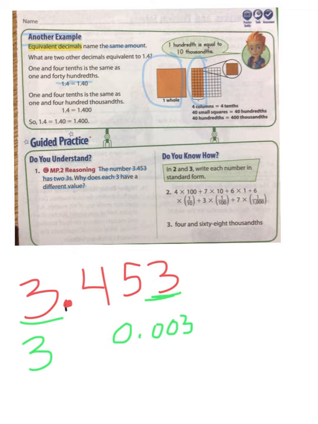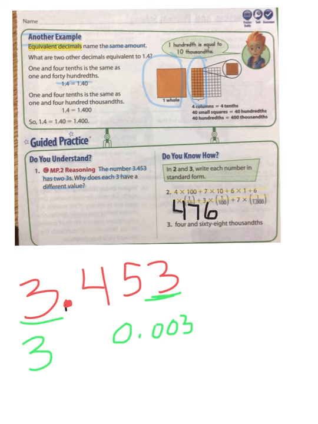All right, let's look at number 2. 4 times 100 plus 7 times 10 plus 6 times 1 plus 6 times 1/10 plus 3 times 1/100 plus 7 times 1/1,000. All we're doing is writing that number out. So if we have 4 times 100, we know we have 400 something. I'm going to make this a little bit darker. 400, 7 times 10 would be 70, 6 times 1 would be 6.